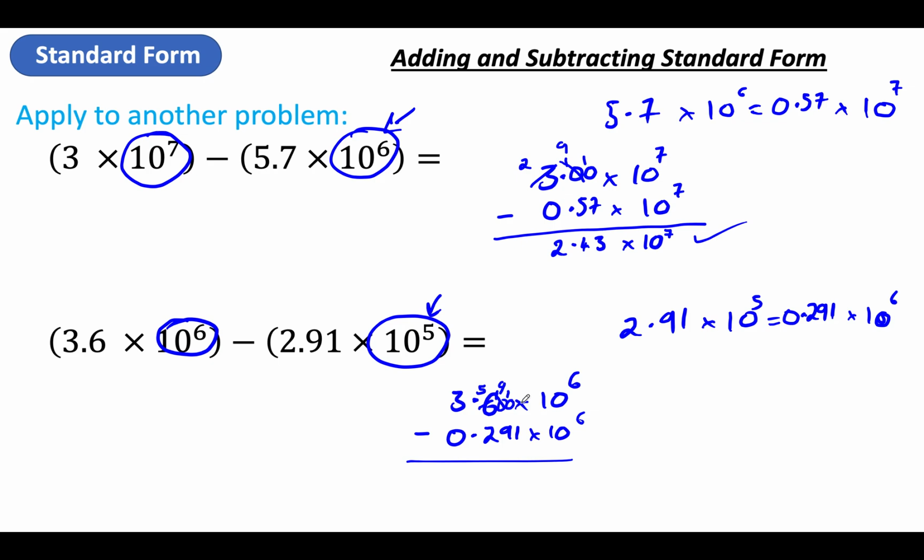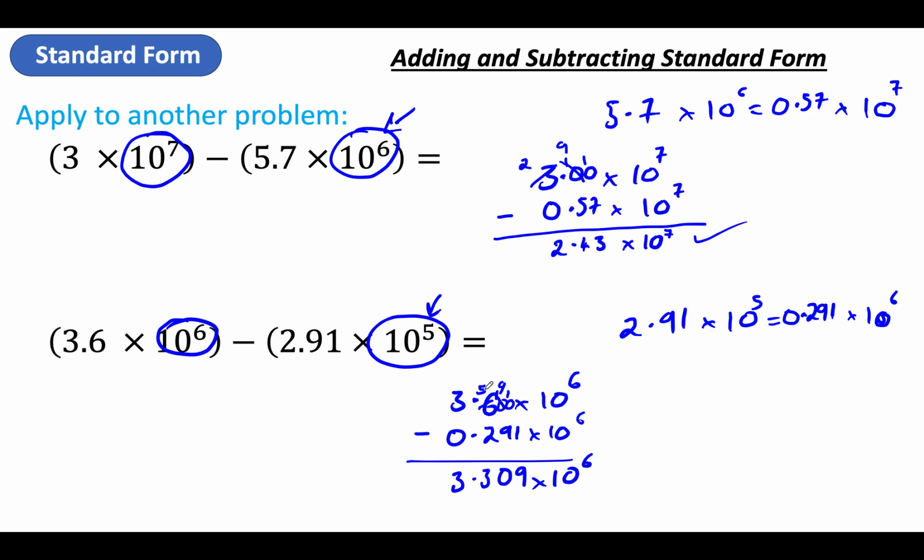I hope you can read that. So 10, take away the 1, leaves 9. 9 is in this place, take away the 9, leaves nothing. 5, take away 2, leaves 3, and 3, take away 0, leaves 3. 3.309 times 10 to the power of 6.